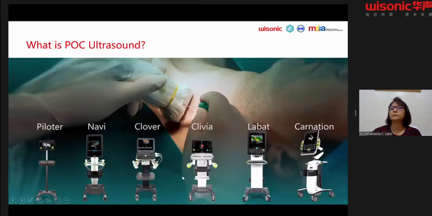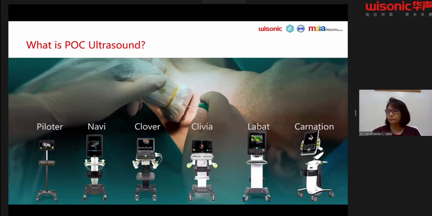So what is point of care ultrasound? It is revolutionary in the practice of medicine, influencing how care is provided in nearly every medical and surgical specialty.